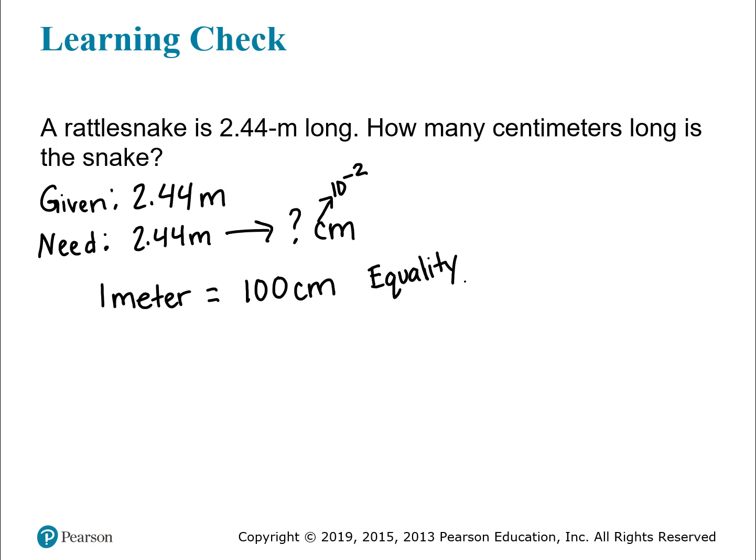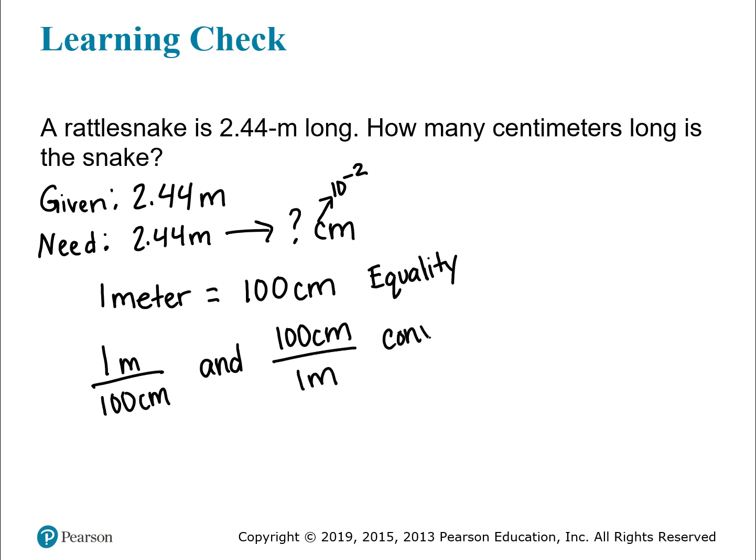Now that we have our equality, we need to now write our conversion factors. It's the simple part. But you have to make sure your equality is right, or else these conversion factors will not help you. So we have 1 meter over 100 centimeters and 100 centimeters over 1 meter.